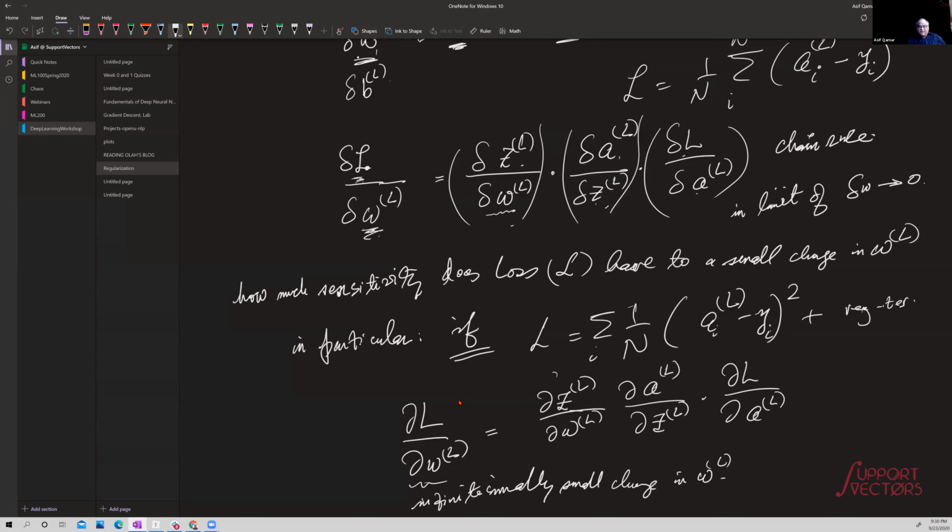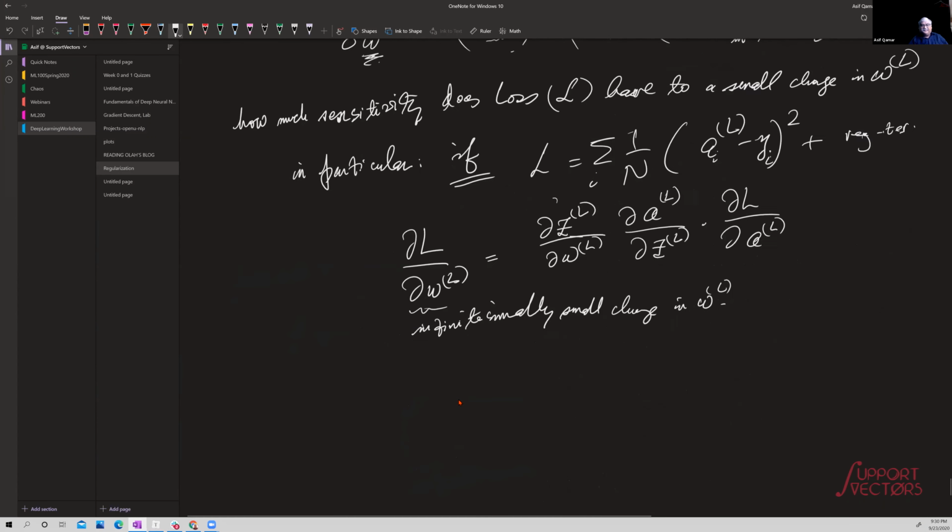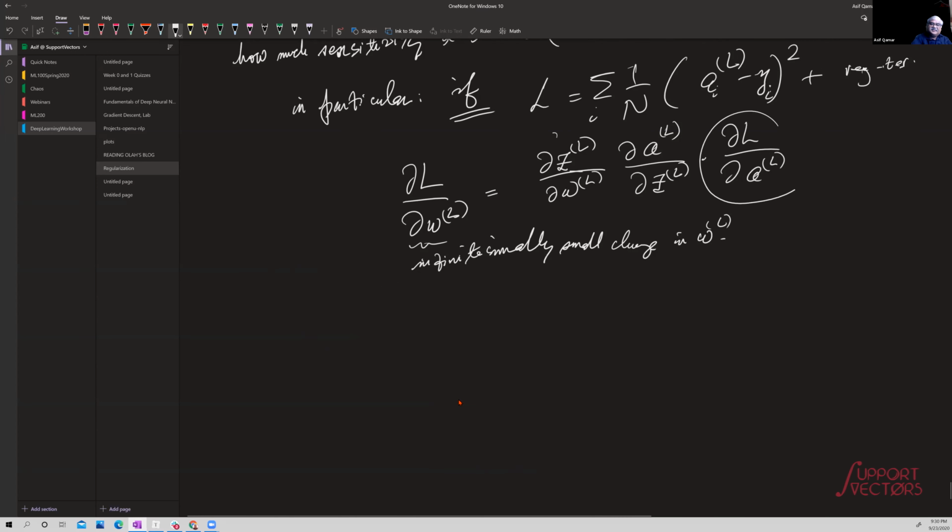This is it, right? So now ask this question, can you compute this term? Of course you can compute it. Look at your loss function.